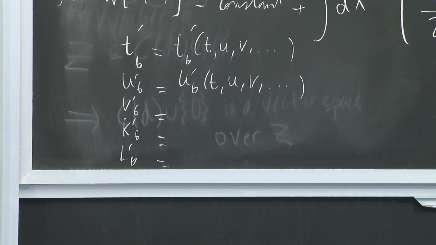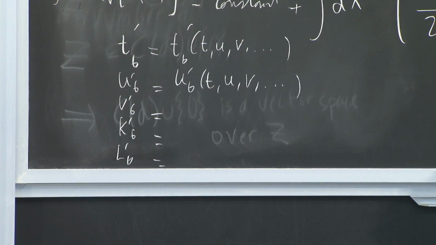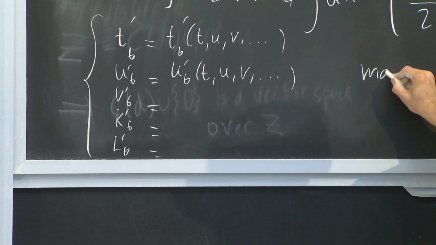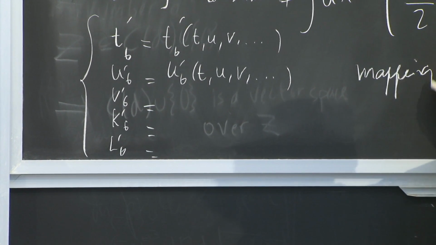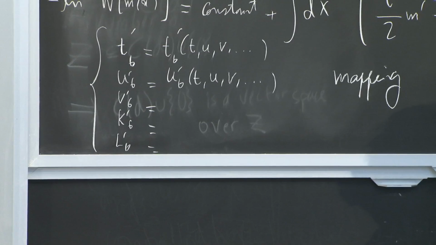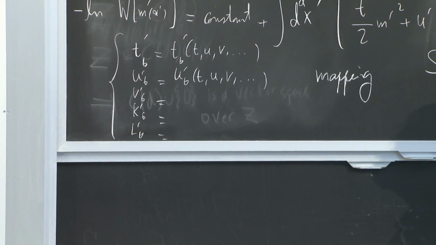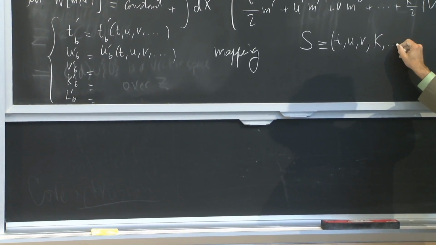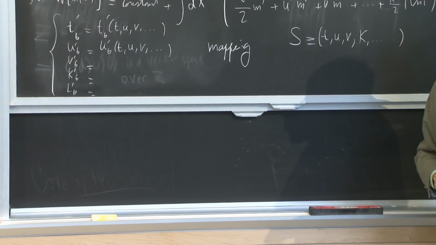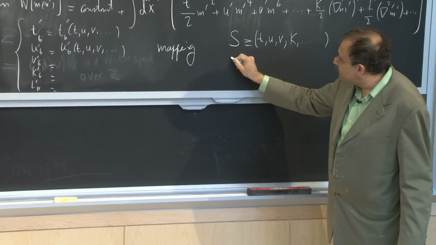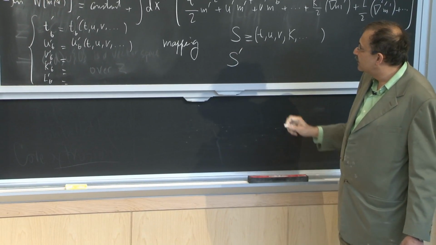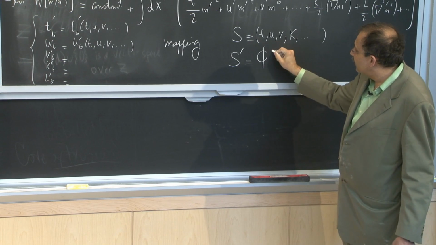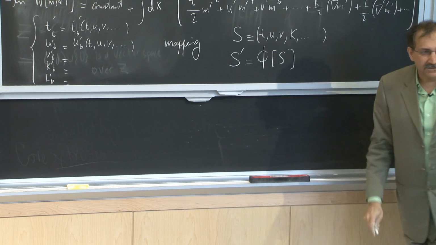Okay? So this is, if you like, a mapping. You take some set of parameters, t, u, v, k, l, and so on, and you construct a mapping S prime, which is some function of the original set of parameters.